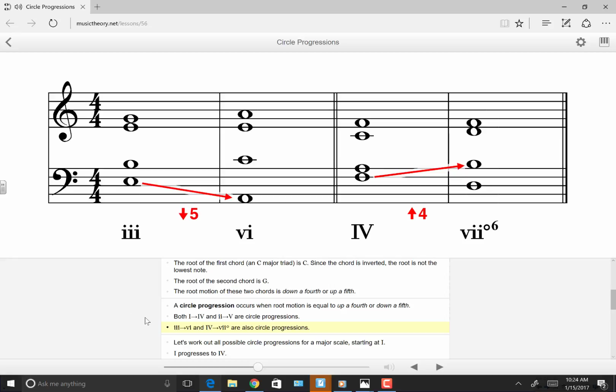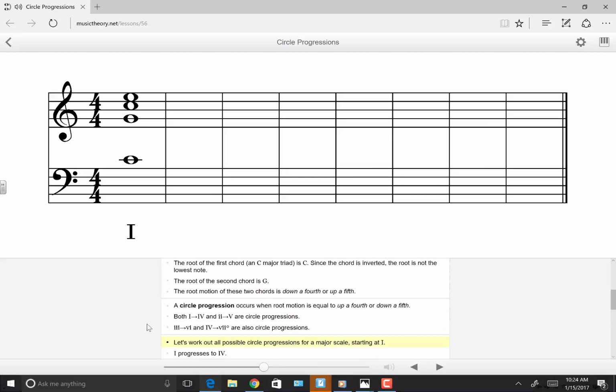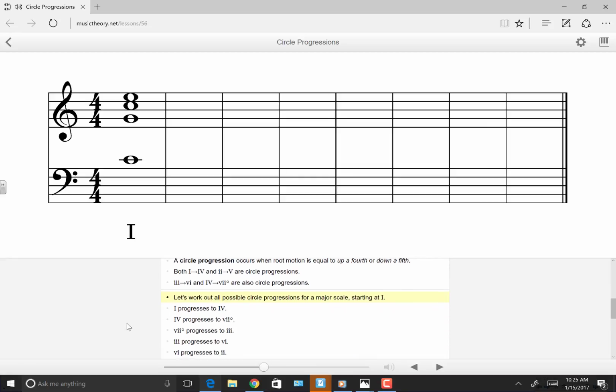So we're going to work out all possible circle progressions for a major scale, starting at 1. So we have 4. 1 could really go anywhere. 1 likes to go to 4.